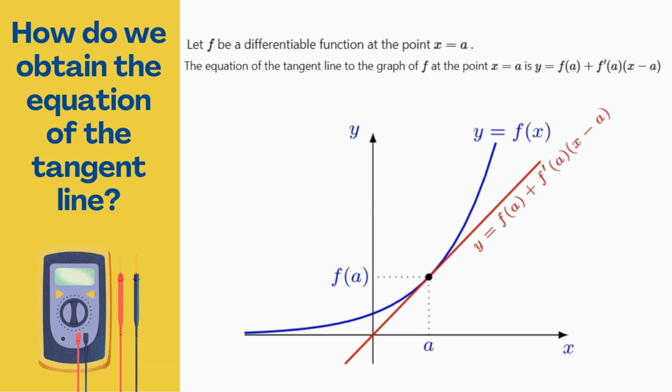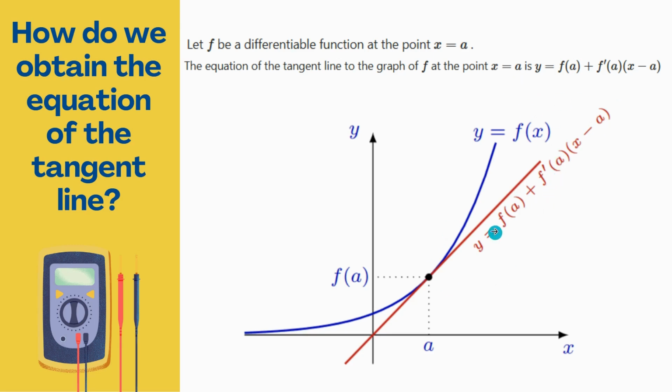Okay, let's answer this basic question. How do we obtain the equation of the tangent line? To find the equation of the tangent line, we use the point-slope formula at point x equals a, which is y equals f of a plus f prime of a times x minus a. Here, f of a is the value of the function, and f prime of a is the value of the first derivative of the function at point x equals a.